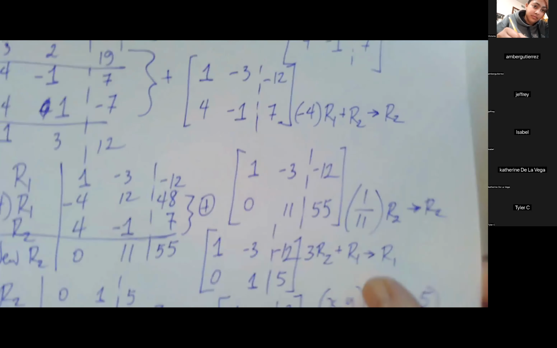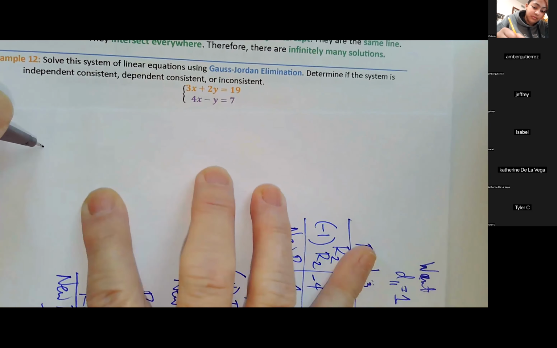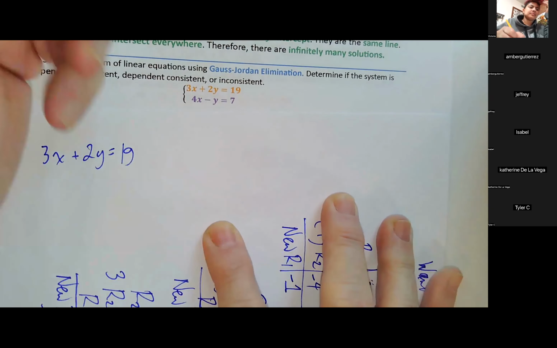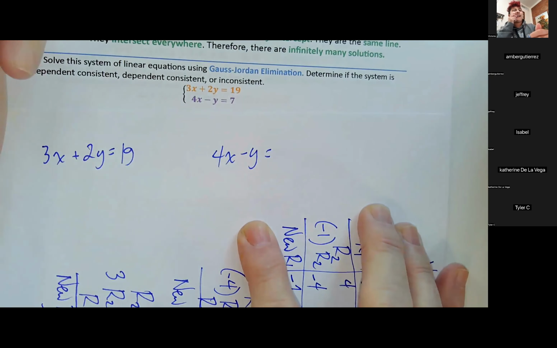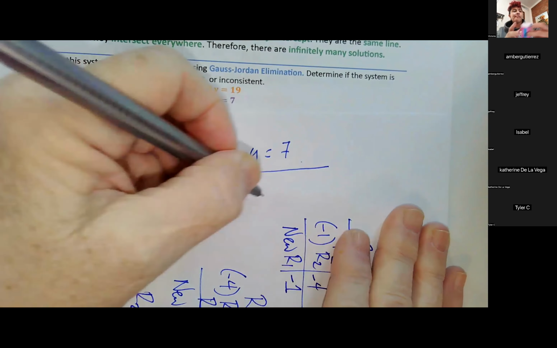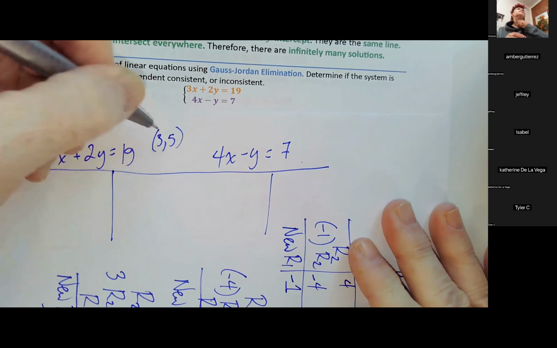Yay. And let's go ahead and check it before we move on. So we have 3x plus 2y equals 19 and 4x minus y equals 7. And the solution we're checking is 3, 5.